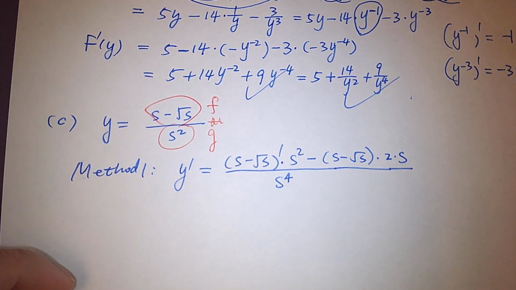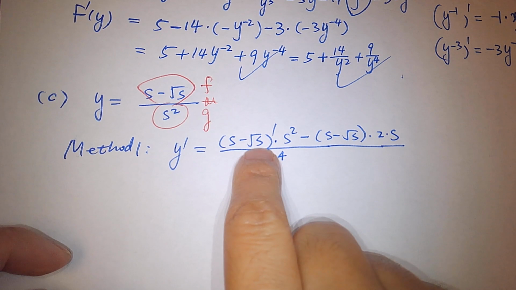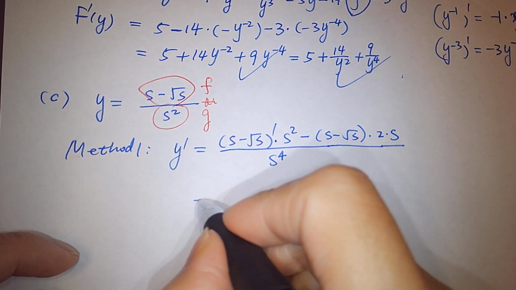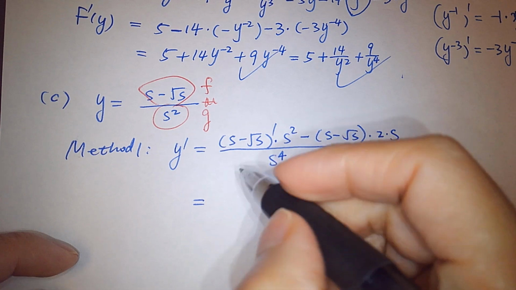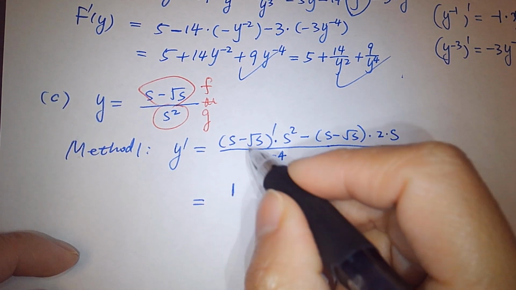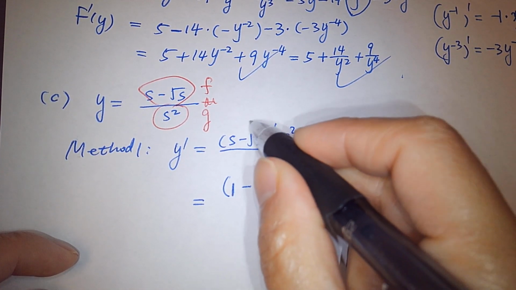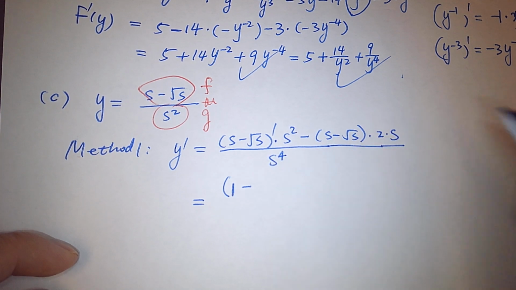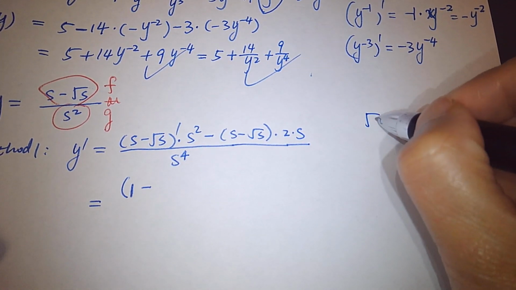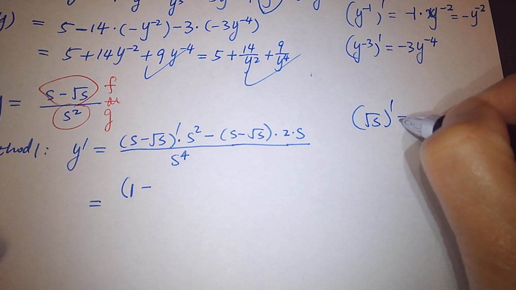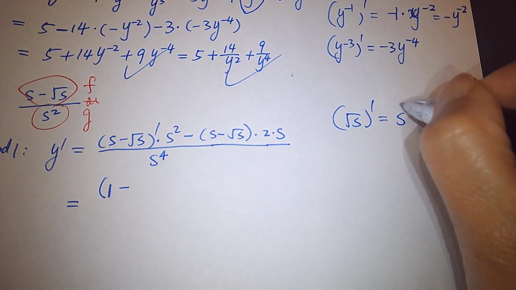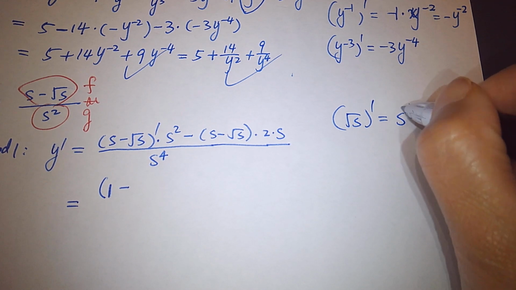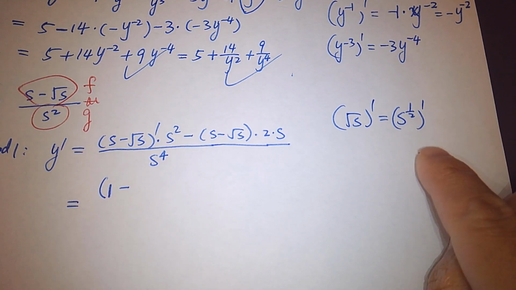Alright, so we haven't completed this derivative yet. Let's differentiate this. What is the derivative of s with respect to itself? 1. What is the derivative of square root of s? Square root of s equals s to the 1/2 power.